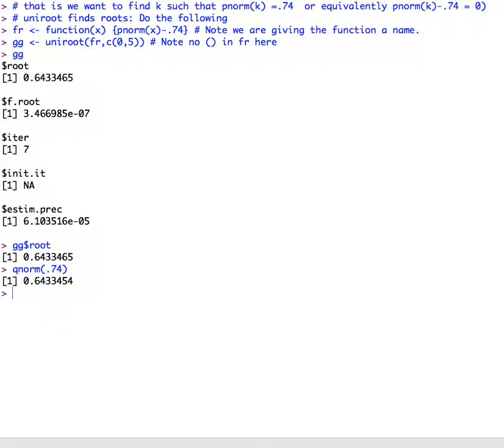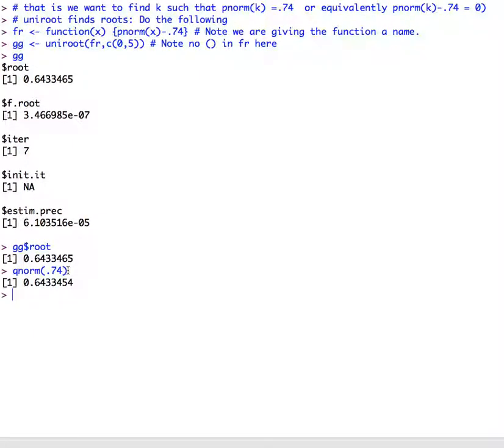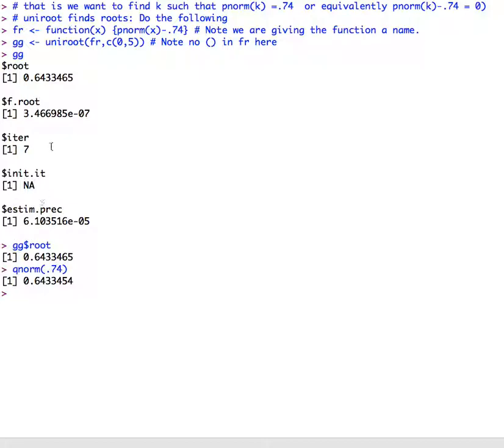Now, if you have a built-in R probability distribution, you'll have a q function for that, as we have here, the qnorm of 0.74. So let's look at pnorm of gg$root.